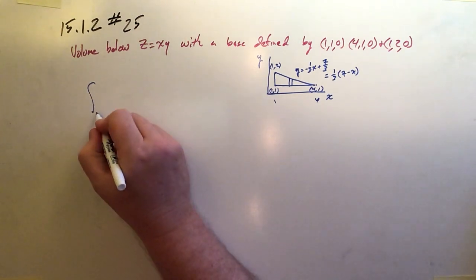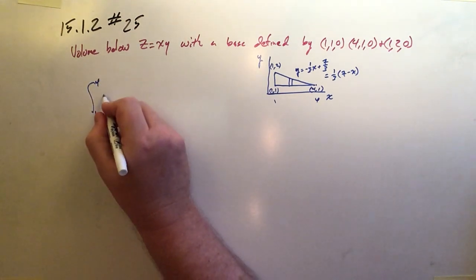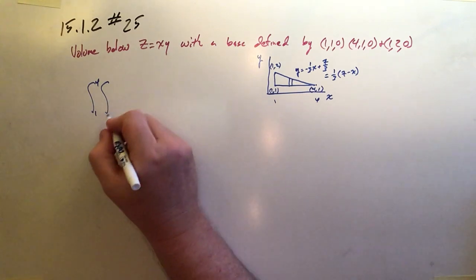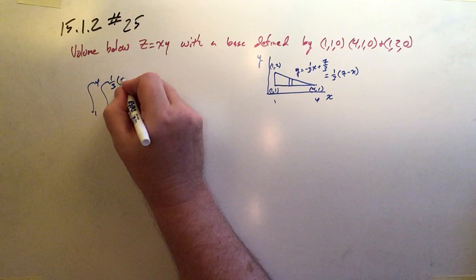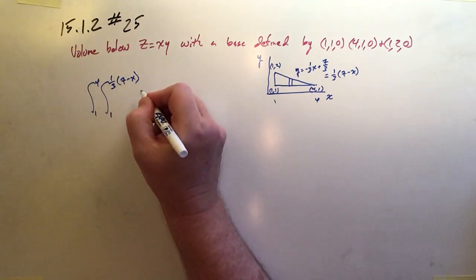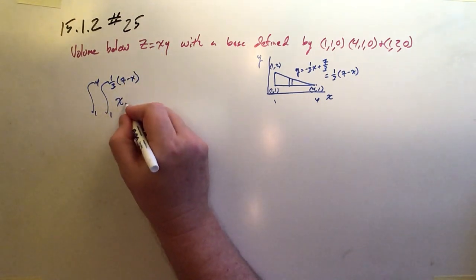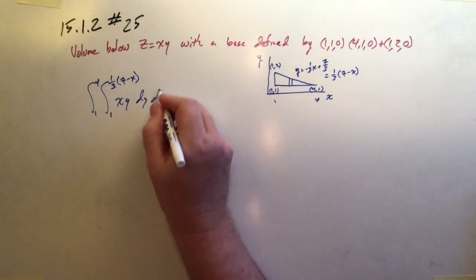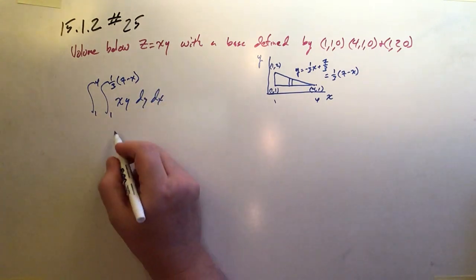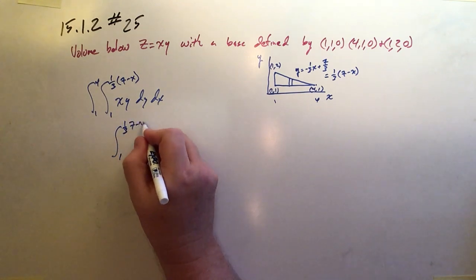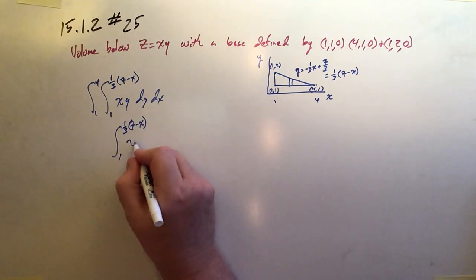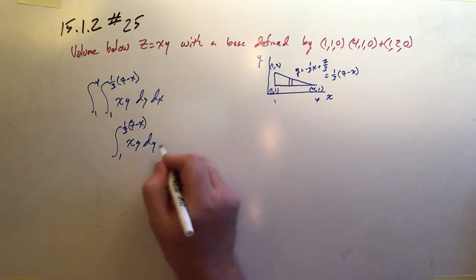The outer integral is 1 to 4, and that's the x integral. The inner one is 1 to 1/3 of (7 minus x). And then what we're integrating is xy, dy, dx. Okay, let's do the inner one. So that's the integral from 1 to 1/3 of (7 minus x) of xy dy.